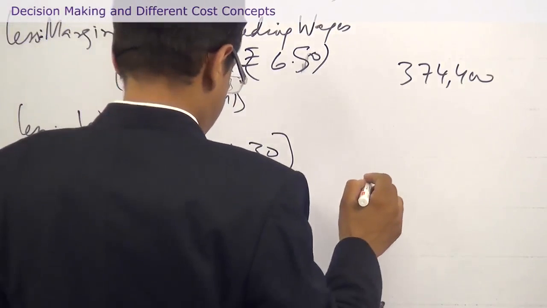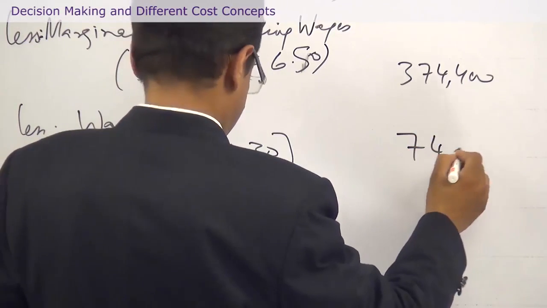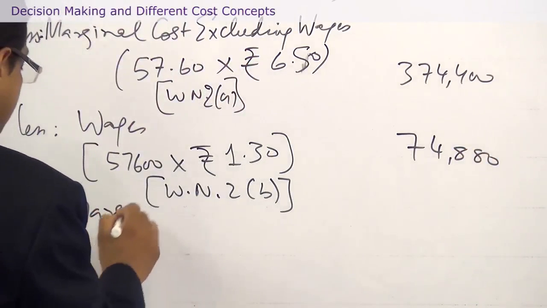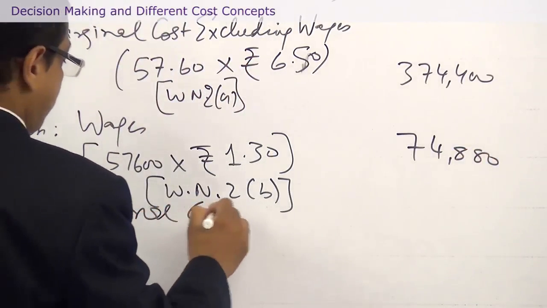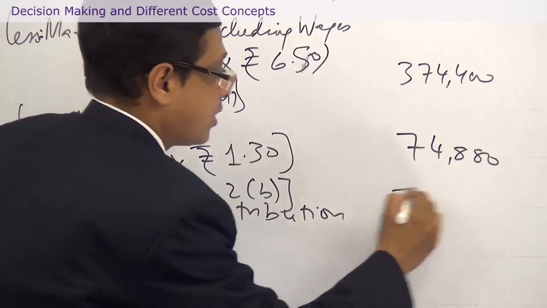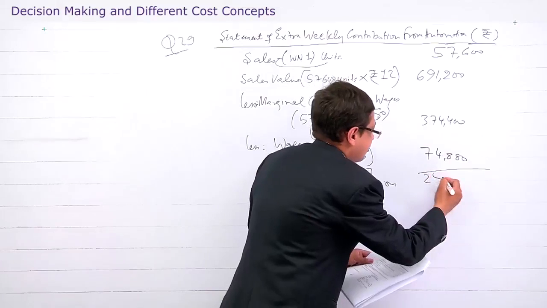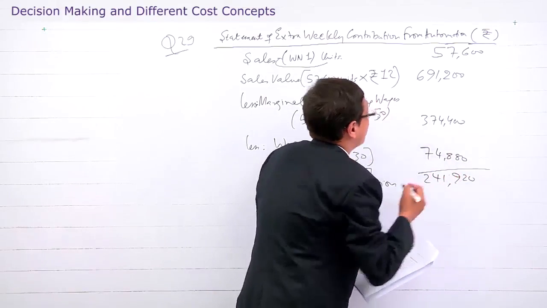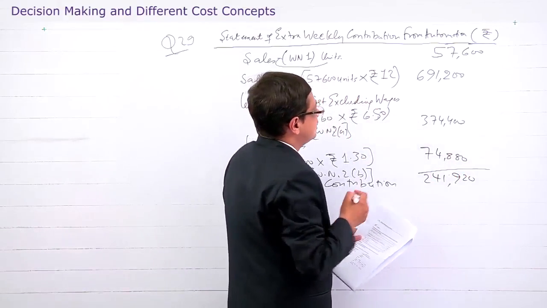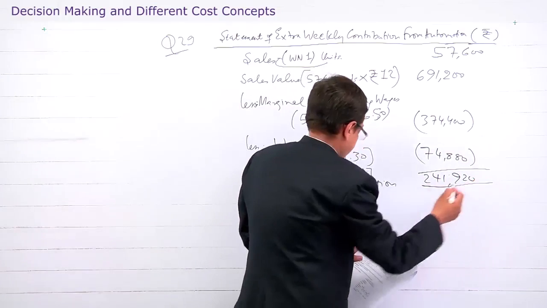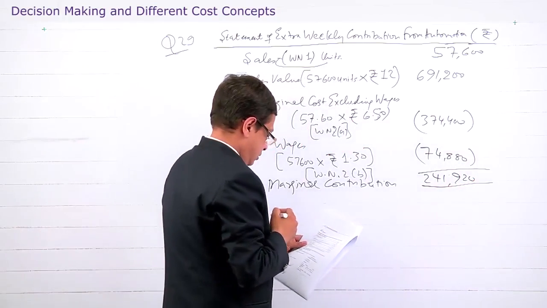So this works out 74,880. So your marginal contribution is 2,41,920. So what you have done? From this figure you have subtracted the two figures and this is the result.